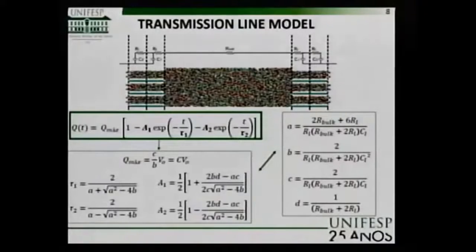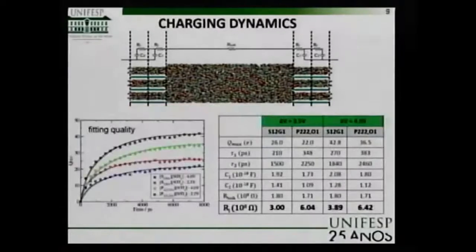We need to solve these other equations and write these four parameters as functions of the resistance in the bulk electrolyte, the resistance inside the electrode pores, and the capacitance of each slice of our RC systems. At the end, the only unknown parameter here is the resistance inside the electrode pores.